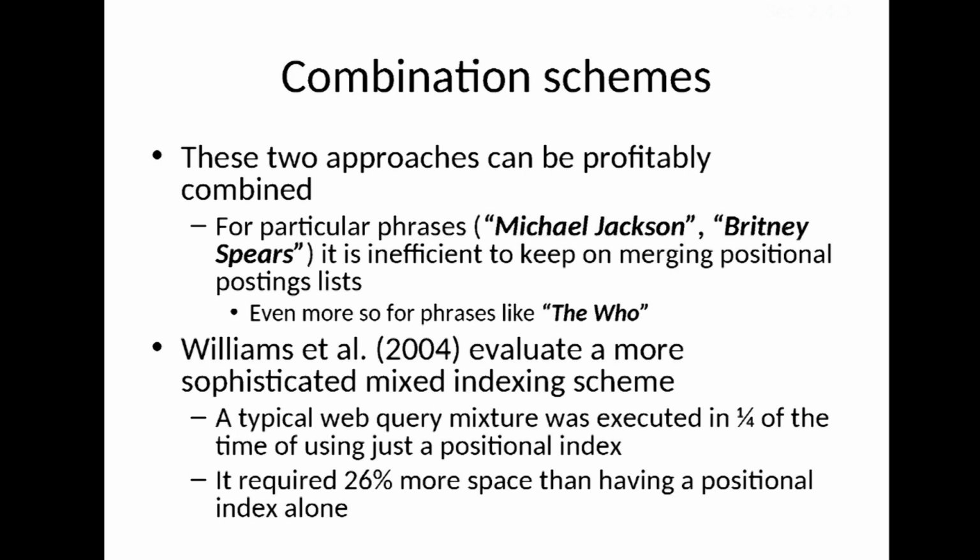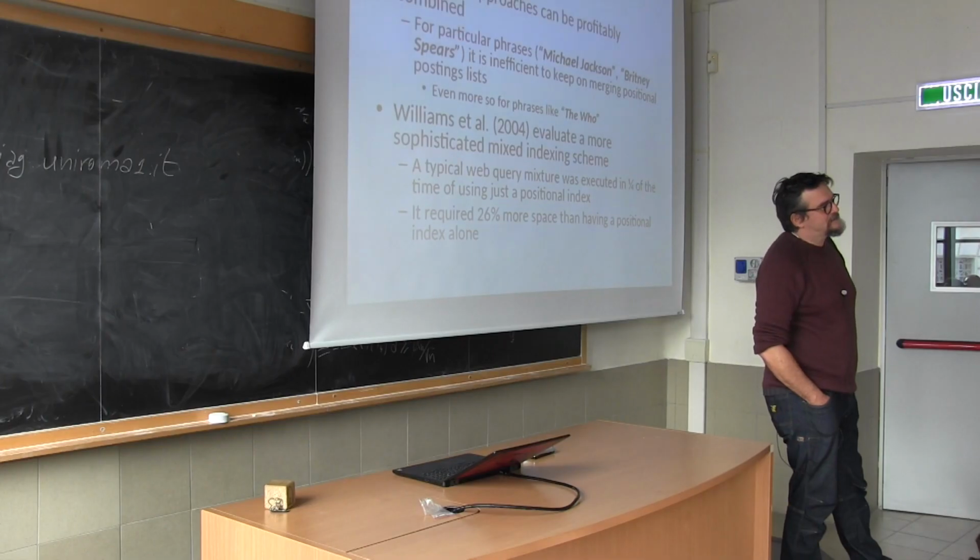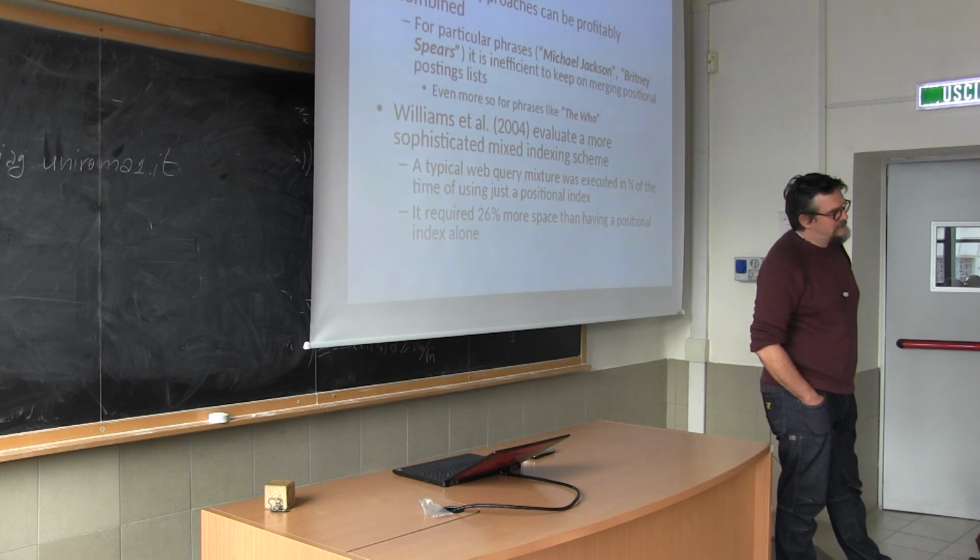Clearly, you can combine schemes. What do we mean by combine schemes? You can put together biwords and positional indexes. Why should I do it? What is the typical example of using biwords?